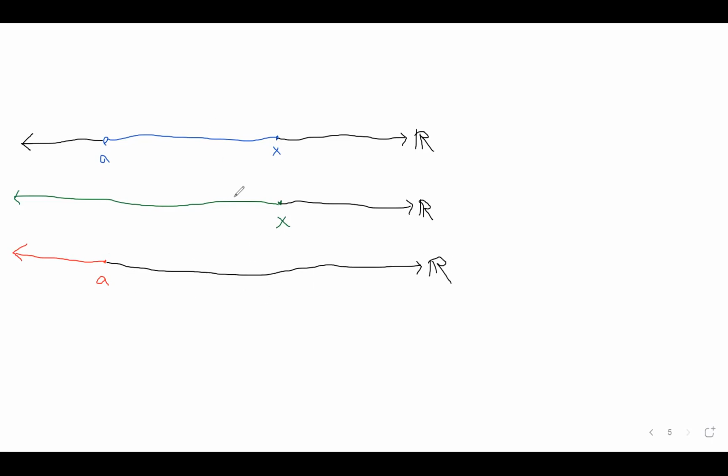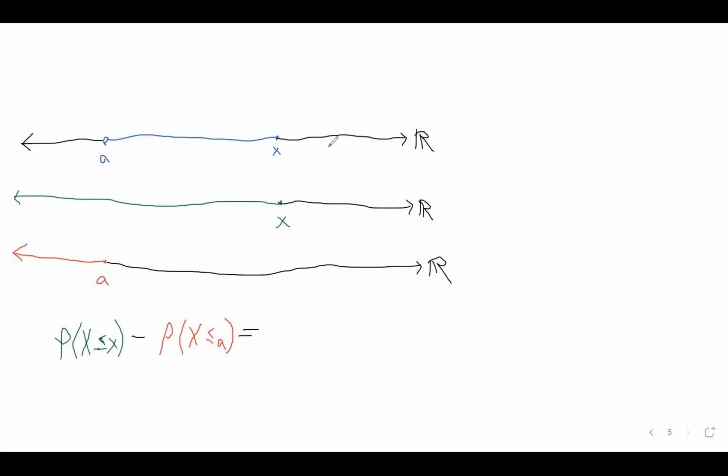So if we find the probability that capital X is at most little x, the probability that it's in this green part of the real line, and we subtract from it the probability that capital X is at most little a, then what we're doing is finding the probability of it being in the green region and not in the red region.